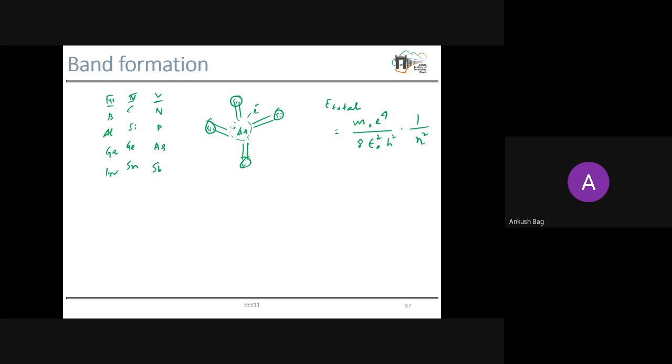This positively charged area, which is essentially the ionized atom, the arsenic atom in this case, is fixed because this is a crystal. Here the atoms cannot move.